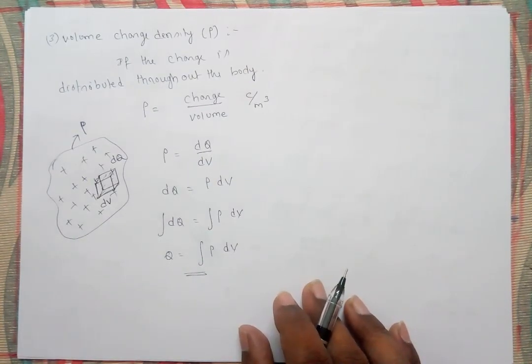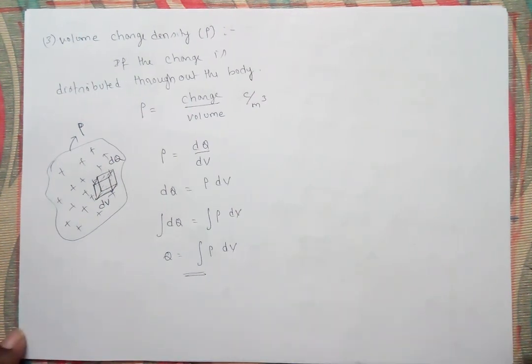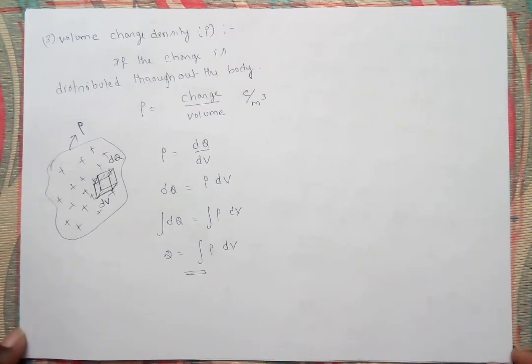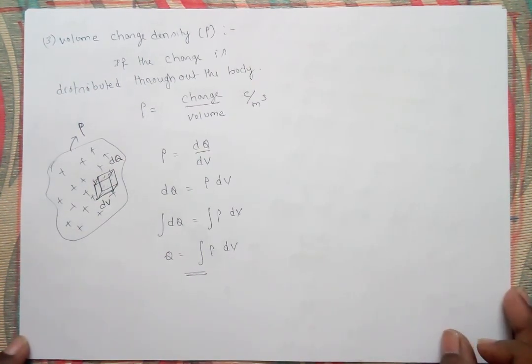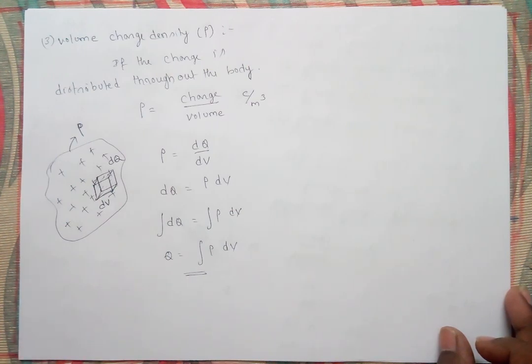Like that, we have volume charge density, surface charge density and linear charge density. Lengthwise charge distributed is linear charge density, surface-wise is surface charge density, and volume-wise is volume charge density. Now a few cases which are useful for entrance examinations, those results will be discussed directly. Those derivations we don't need, because they are very lengthy.